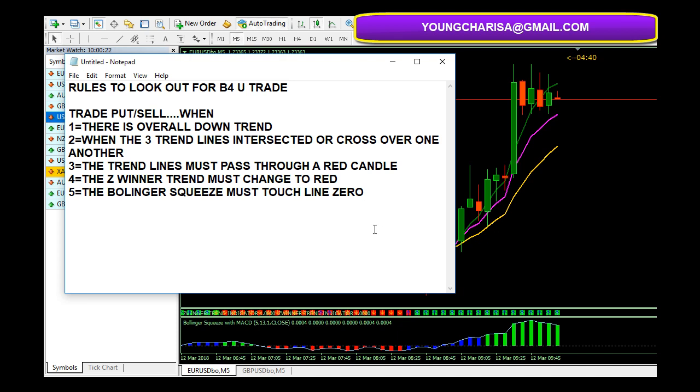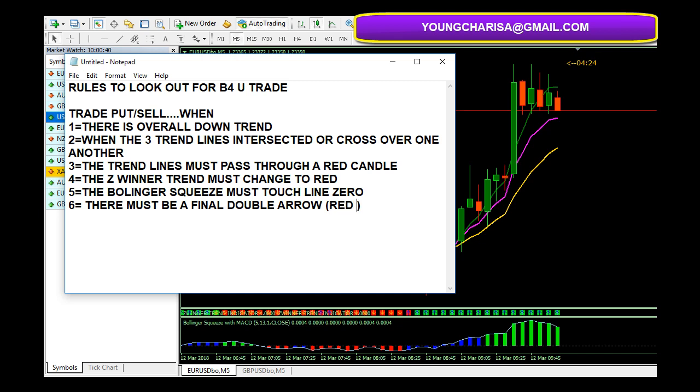This line 0. There must be a final double arrow, red and yellow. For call or buy, exactly opposite.